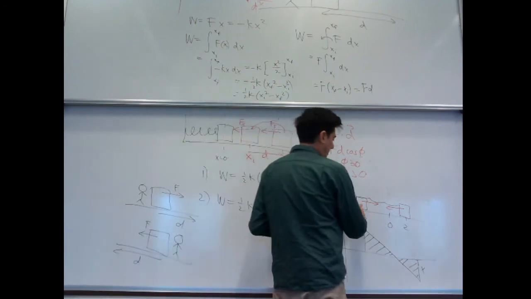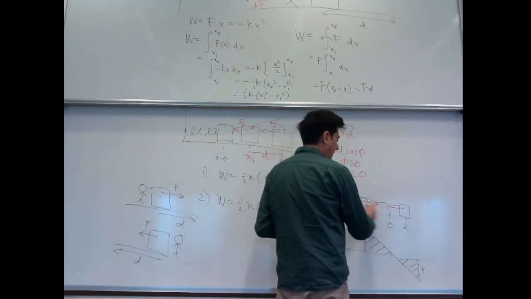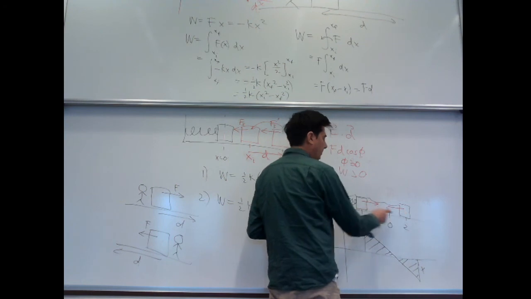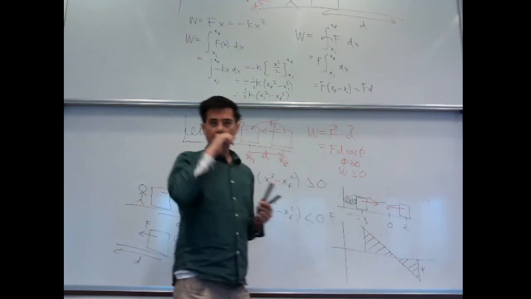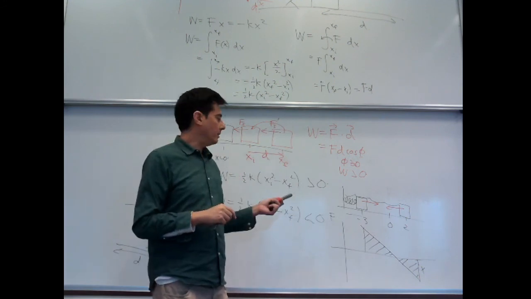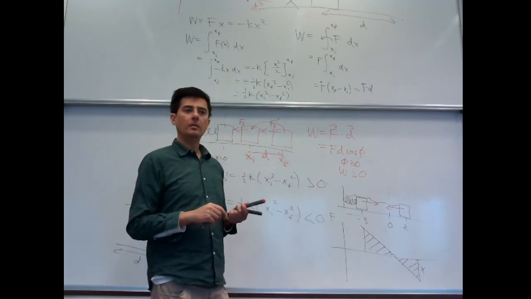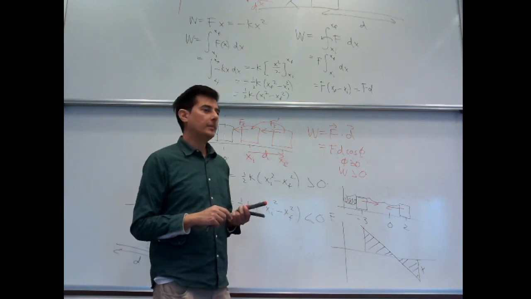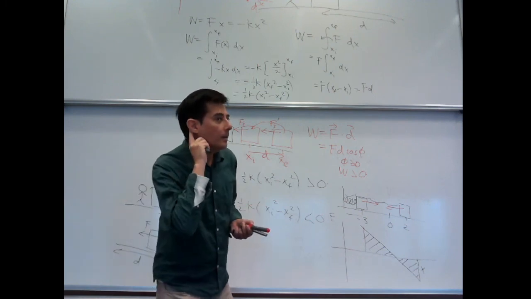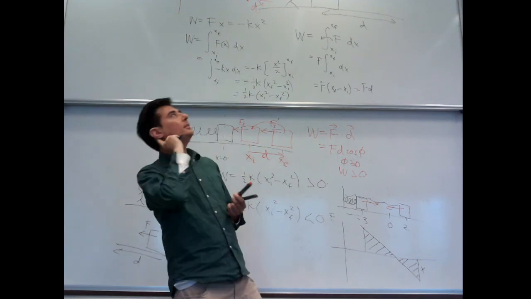Is the kinetic energy going to be more here or over here, where it's at -3 or 2? -3 would be faster?